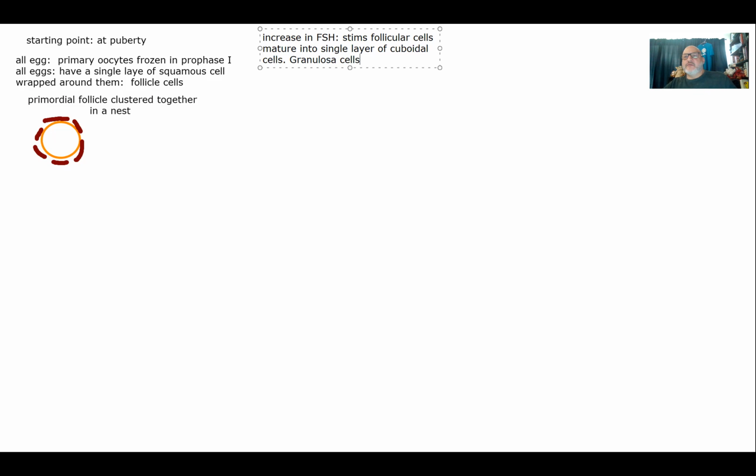So what we have now is that same egg. I'll use abbreviation so it fits in here. This is still a primary oocyte frozen in prophase 1. That hasn't changed.